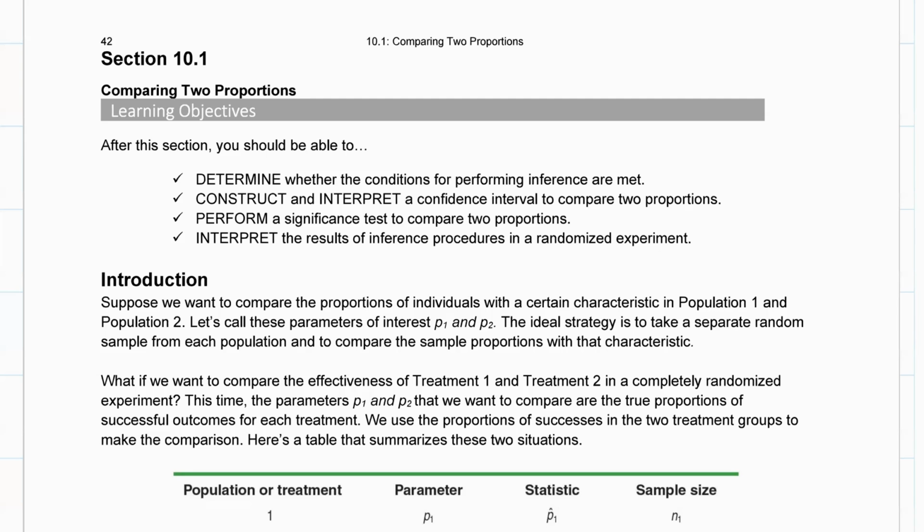So imagine instead we do separate samples from population one and population two. And in the process of doing that, we end up with two samples. They may be of different size, and each one of them produces a sample statistic.